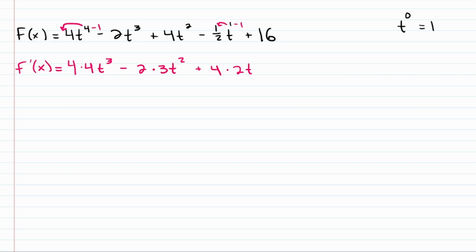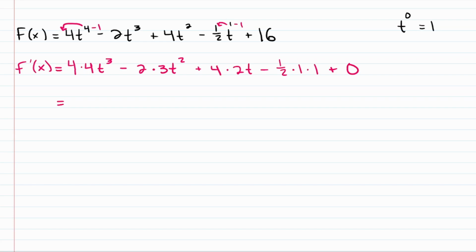And so if we think about this, what we now have is minus 1/2 times 1, because we brought the exponent down front, right, times t to the 0th power, which is just 1. And then what's the derivative of a constant? 16, that's just 0. So let's go ahead and simplify this a bit, right?